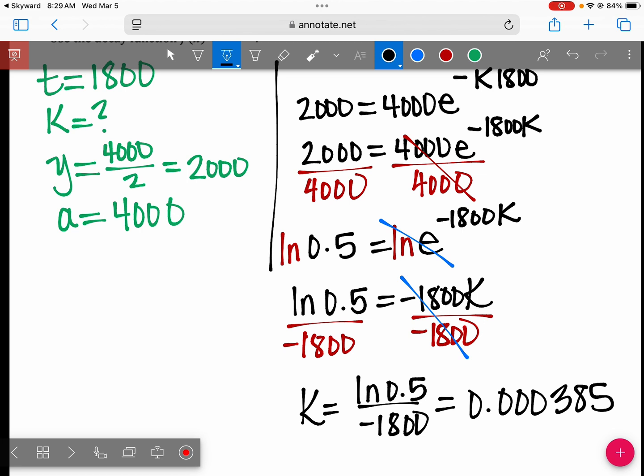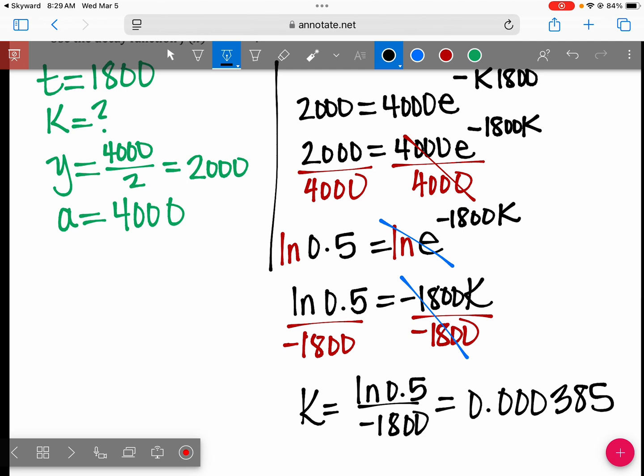And that's what you should get. It should be a really small number. Normally you will only give me 3 numbers after the decimal, but if the first 3 numbers are 0, then you have to keep going to give me actual numbers. So you can't just say it's 0.000. You just got to keep adding numbers until we get to actual digits.